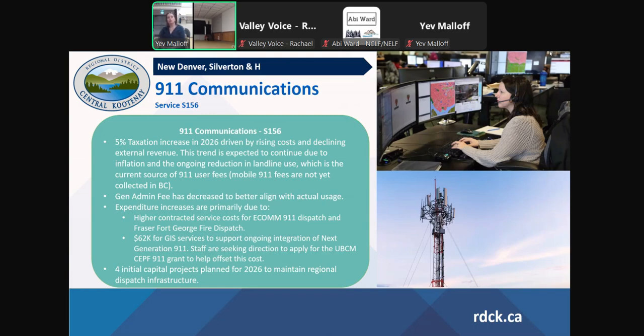We also have a few capital projects planned for this year to upgrade mainly hardware related to radio repeater antennas. Fire emergency response staff have access to dispatch where areas don't have cell coverage.